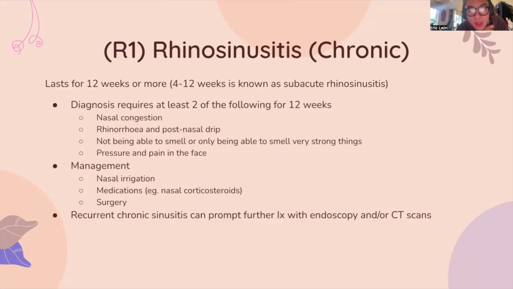The management is typically with nasal irrigation and nasal corticosteroids, and in severe cases, surgery. Recurrent chronic sinusitis can prompt further investigation with endoscopy or CT scans to look for abnormal anatomy. So sinusitis lasting for between 4 to 12 weeks is also known as subacute rhinosinusitis.